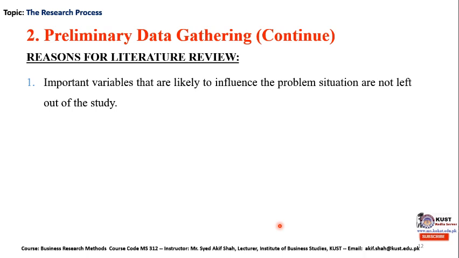For example, the researcher has identified only two variables influencing low productivity in the organization, and there might be a third variable already studied by some other researcher that could be left out of our study.